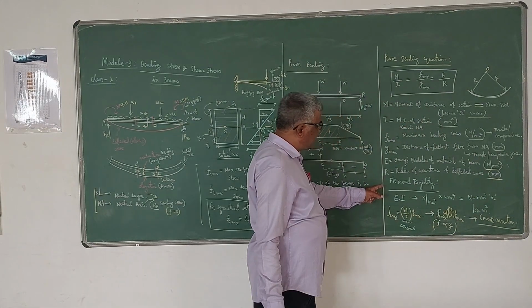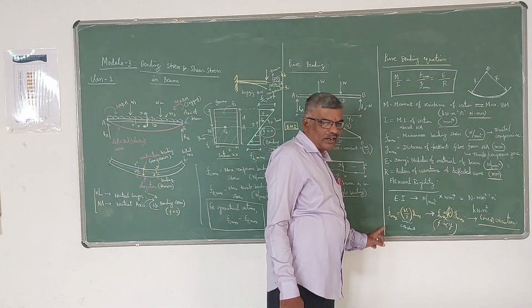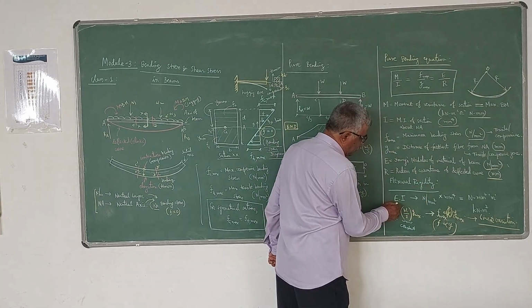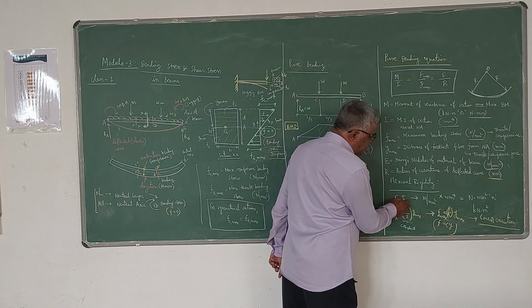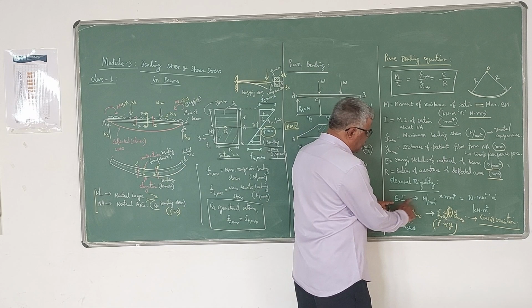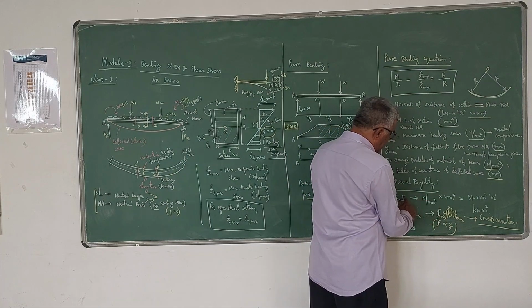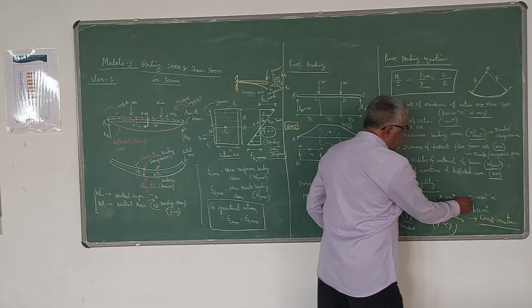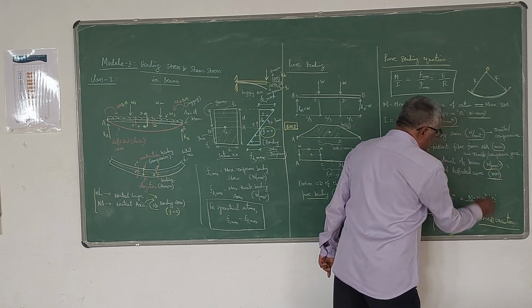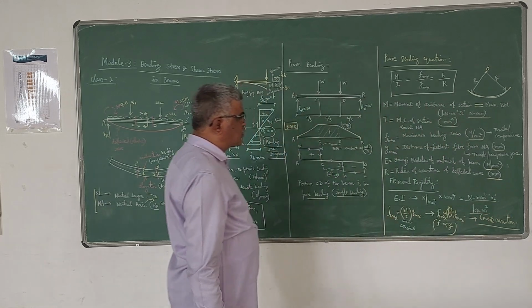Another point is flexural rigidity. This is another term which you have to understand. Flexural rigidity is nothing but the product of Young's modulus and moment of inertia about the neutral axis, E into I. E is expressed in Newton per millimeter square and I in millimeter power 4. If you simplify that, you will get Newton millimeter square, or you can write kilonewton meter square also.